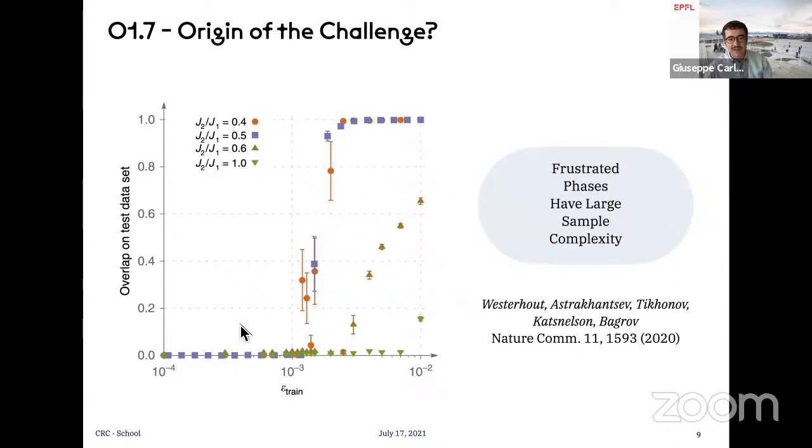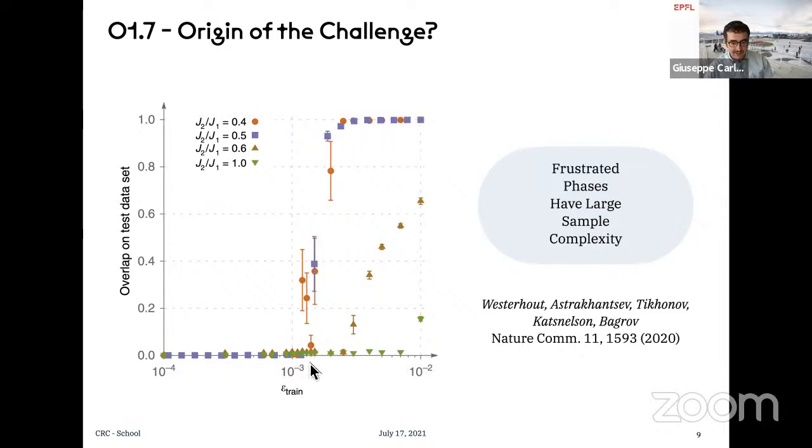And this is reflected, for example, in the overlap. This was shown in a very nice paper, the overlap as a function of the number of samples that you pick. This was a slightly different model, sorry, but in the highly frustrated phase, you see that you need many more samples to have a finite overlap than if you are in a non-frustrated phase, which is instead these curves here.